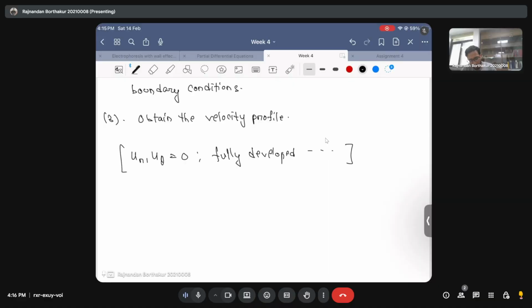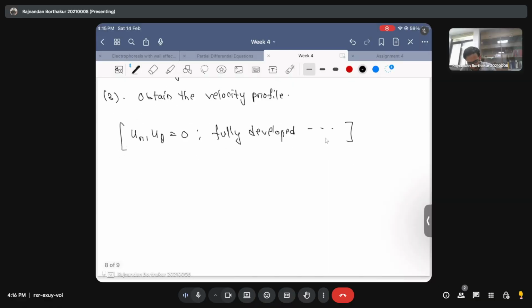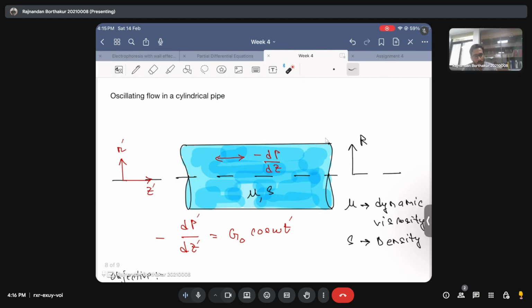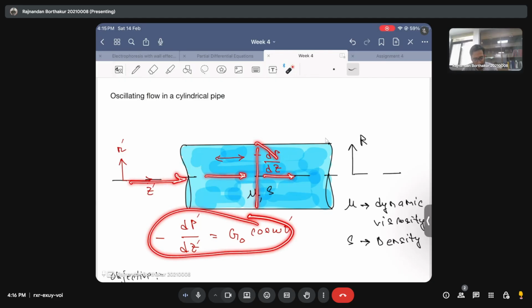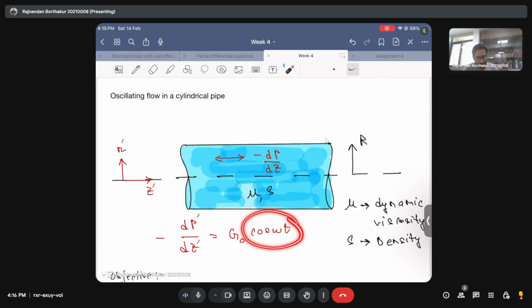So what I'll do is start off from the simplified Z momentum equation. I hope you understand that the flow is unidirectional and is along Z, because this is a cylinder, and we have been doing this repeatedly. Had the pressure gradient been uniform, we know that the profile is going to be parabolic in nature. But because there is an oscillatory pressure gradient, the fluid will also oscillate back and forth.